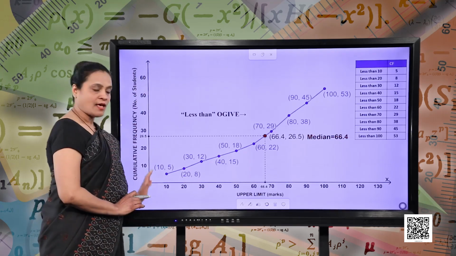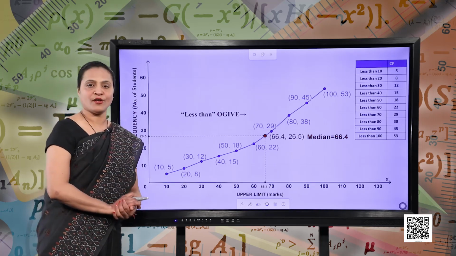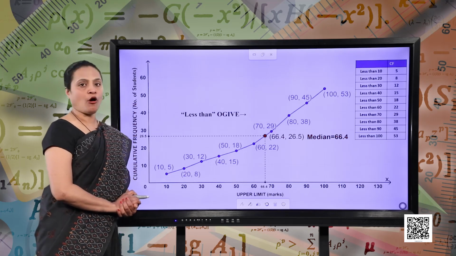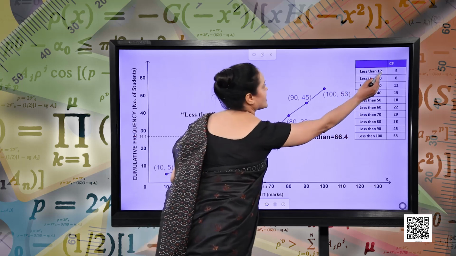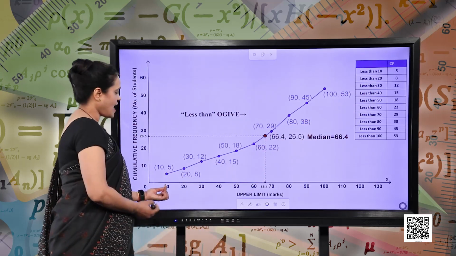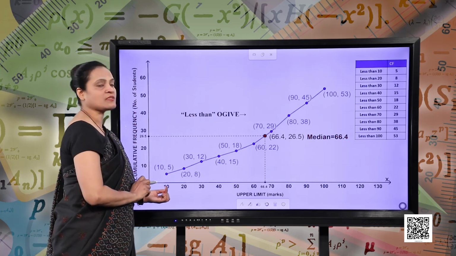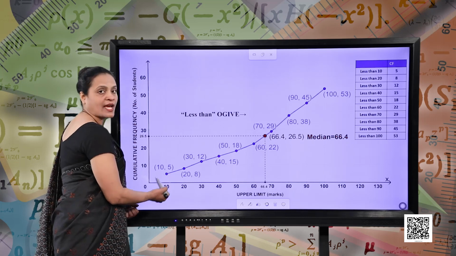Along y axis, we will take the cumulative frequency, that is the number of students. So, our first point can be obtained if along x axis we take 10 and along y axis we take the cumulative frequency, which is 5 in this case. So, this gives our first point.